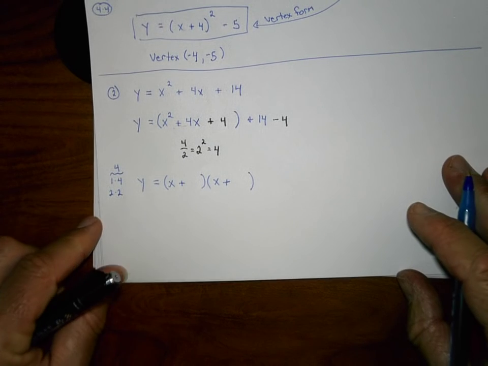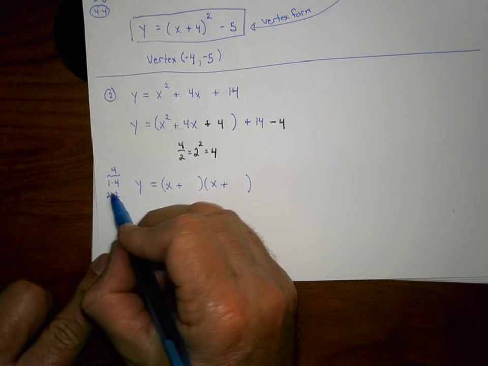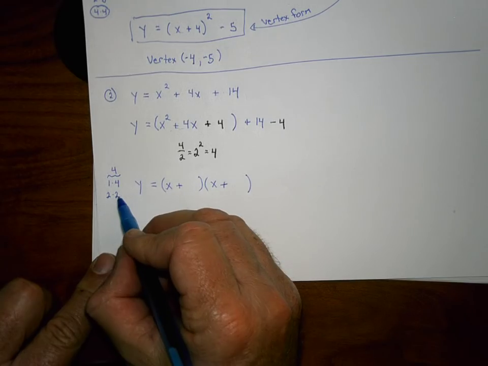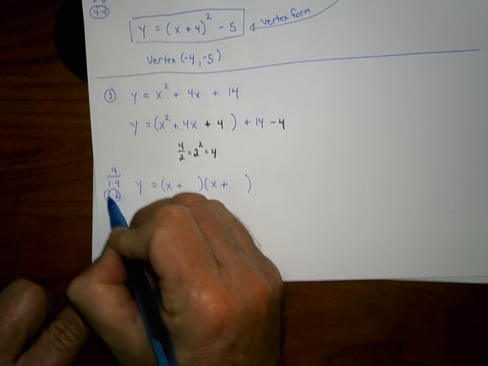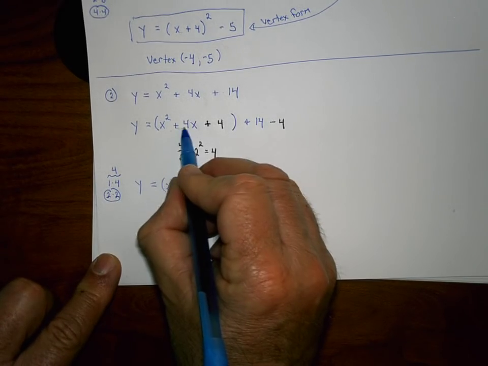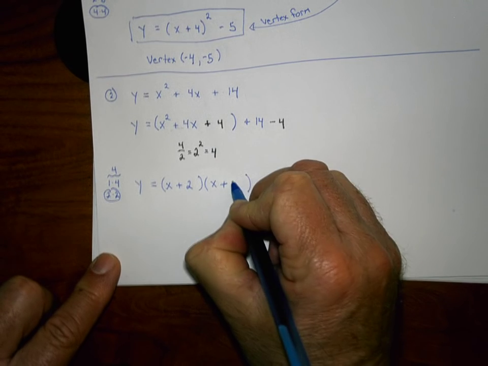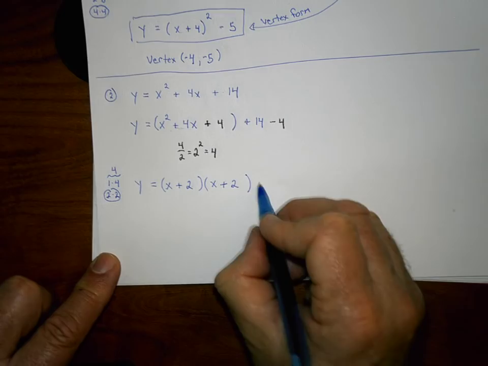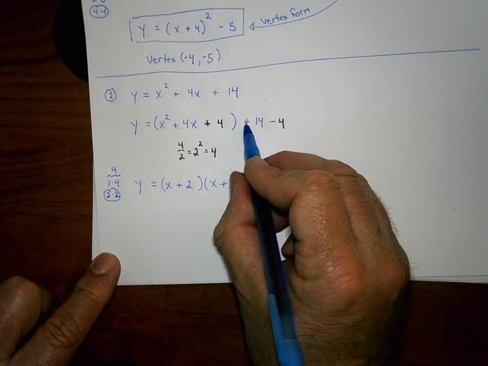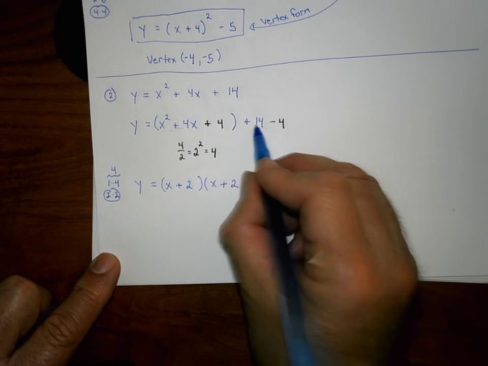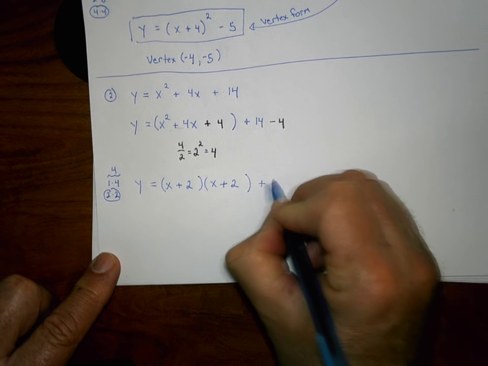Let me move it up here so you can see it. One of those is my factors. Which one is it? It's 2 times 2. Why? Because I have a 4 right here, 2 plus 2. So my factors are x plus 2 and x plus 2, and then outside my parentheses, what's positive 14 minus 4? That's positive 10, so I write a plus 10.